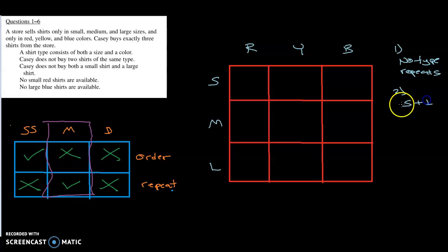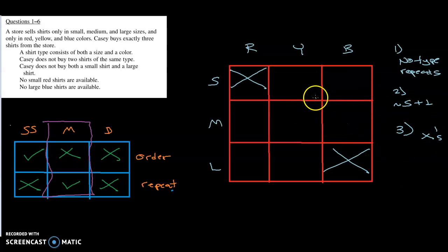Small plus large, that means no. Can't do that. All right, which means, I'll come back to that in a second. Number 3, no small red shirts are available. Well, that means I can just cross this category out entirely, right? No small red shirts are available, and also no large blue shirts. So that's large and blue, so we can cross these out here. Okay, so we took care of that. Those are the X's.